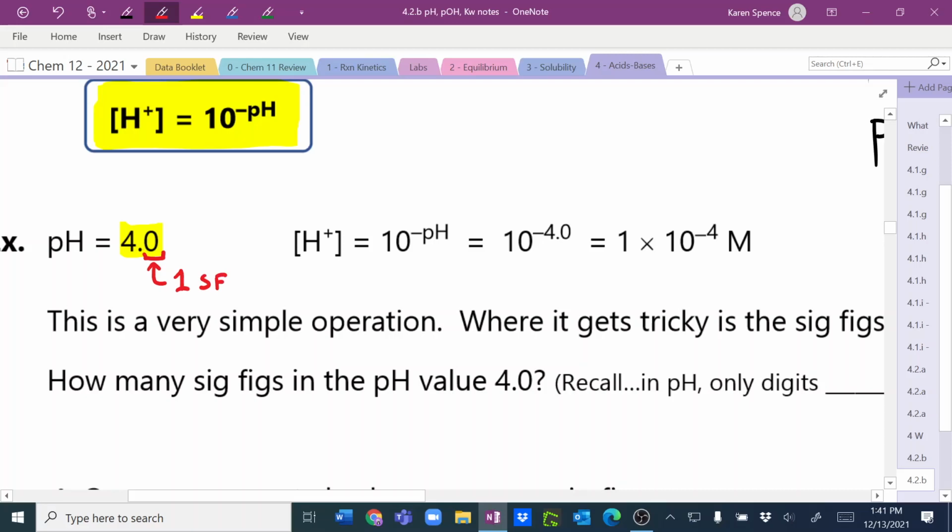I actually find people are usually pretty good at finding the decimal, like how many are in the pH, but going backwards, they'll forget. So I'm going to remind you, there's only 1 sig fig here because in pH, the significant figures are after the decimal. And so we need to have 1 sig fig here.